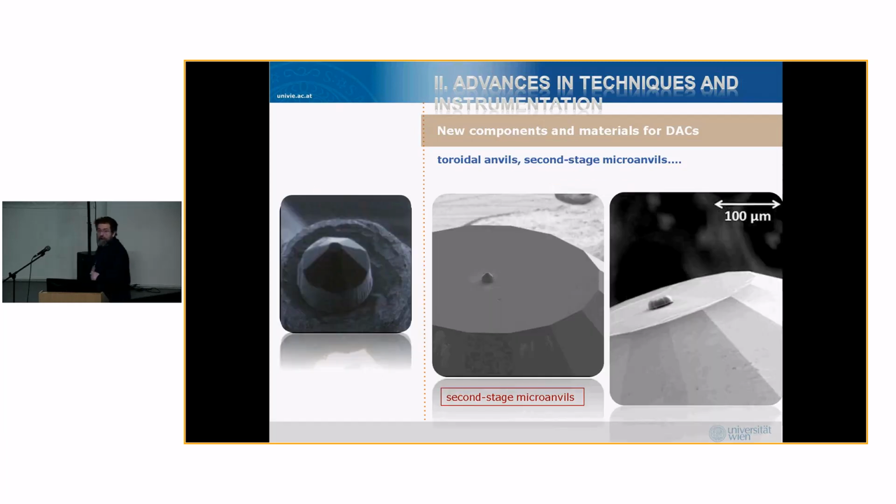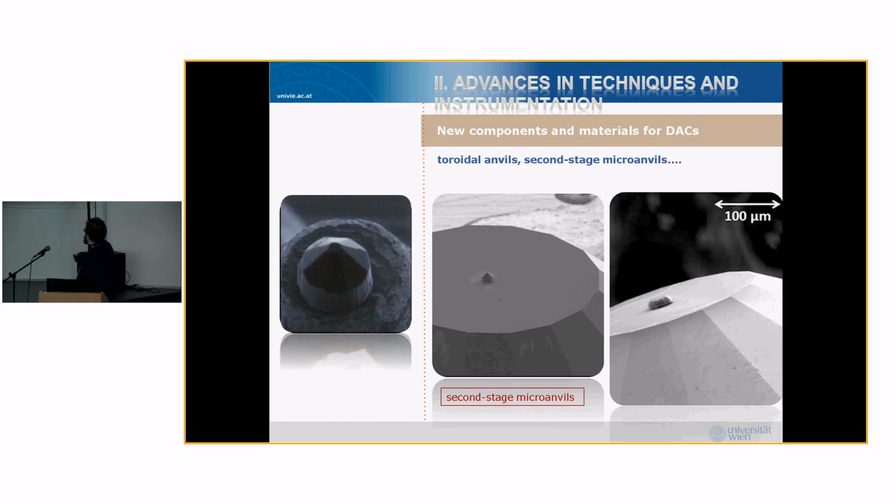Other people, like colleagues in Japan, have started again to use the FIB technique to cut out a second micro anvil that is sitting on top of the face. So what you see here is basically a micro anvil that is exactly this shape. And this is from Takehiko Yagi. When he was in Vienna, we were working on this project.